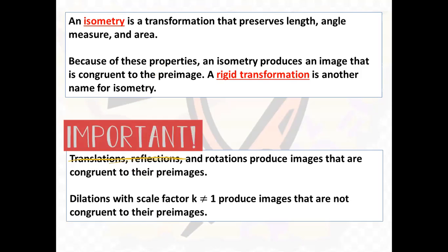When you dilate a figure, which means you can make it bigger or smaller, the pre-image will not be the same as the image. This important part is only for dilation. For the other three, the pre-image and image will be the same. Only for dilation, the pre-image will not be the same as the image.